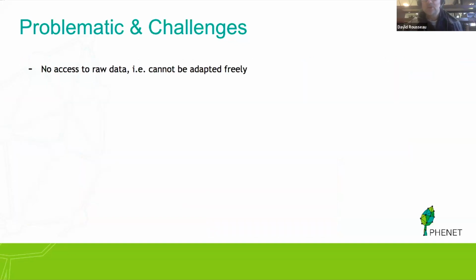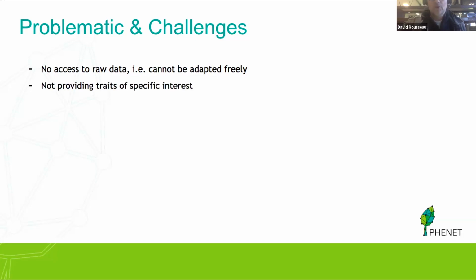For some of these commercial systems, there is possibly missing access to raw data, which for research infrastructure is a mandatory and very important aspect, meaning that it's difficult to adapt the system itself freely to specific needs that may not have been targeted initially in the commercial development.